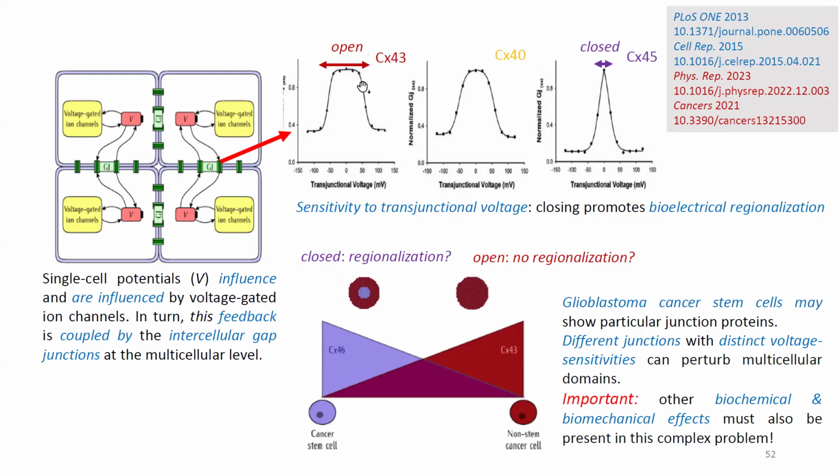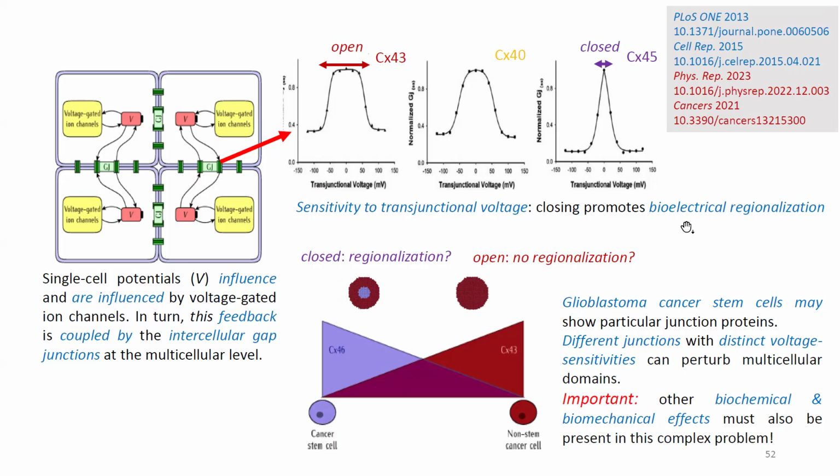For instance, connexin 43 opens over a voltage window which is quite wide, while on the contrary, connexin 45 tends to respond sharply and to close rather rapidly. This sensitivity to the transjunctional voltage should promote bioelectrical regionalization, in some cases more easily, in other cases not so easily.